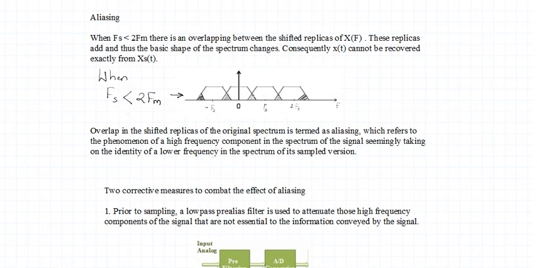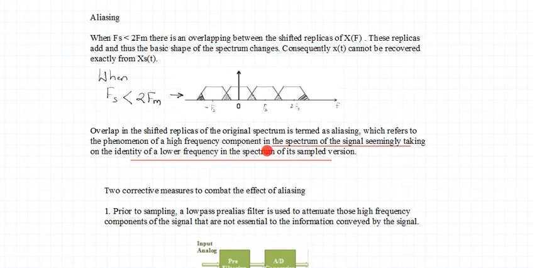When we are not satisfying the sampling theorem, we have a spectral overlap. The spectral overlap modifies the complete basic shape of the spectrum, changing the frequency contents. Now, if I apply the inverse Fourier transform on this and look at my CT signal, because of spectral overlap, the high frequency components in the signal change identity and become equal to some low frequency content of the signal.